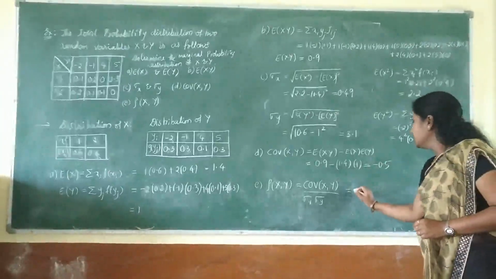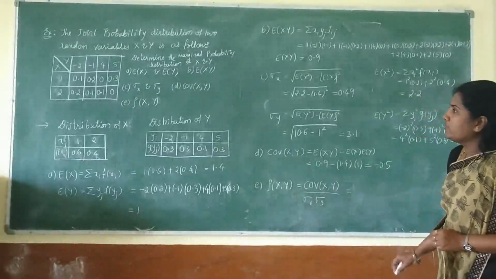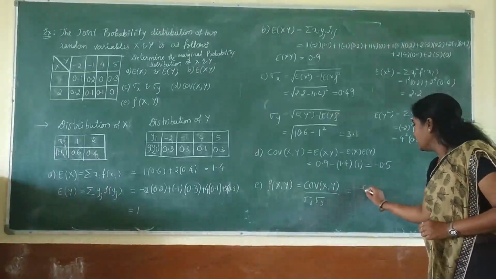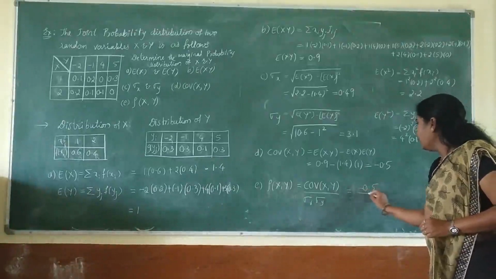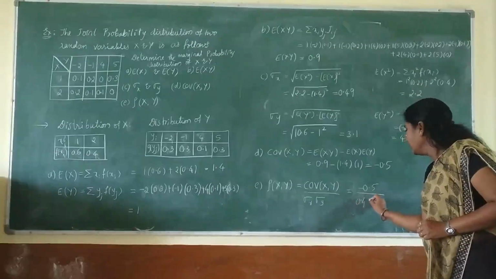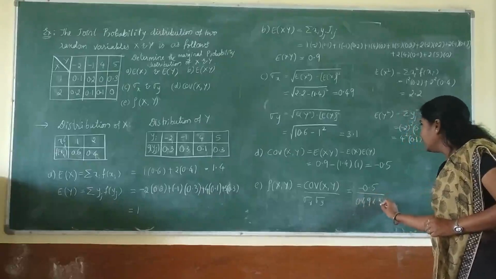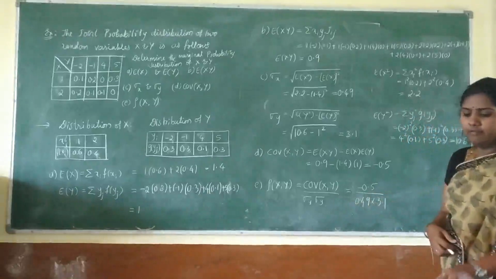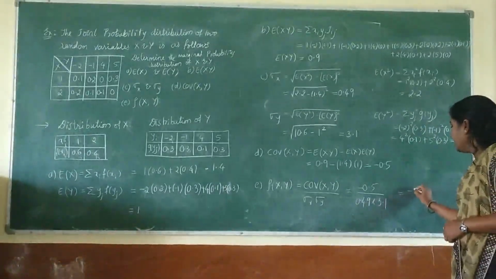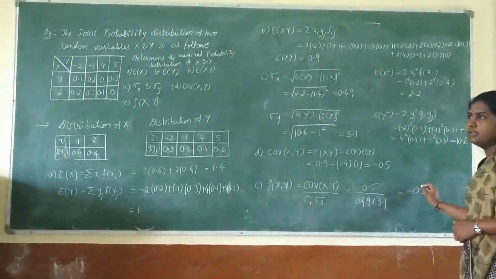Next, correlation of xy is the covariance of xy, that is -0.5, upon sigma x, which is 0.49, into sigma y, which is 3.1. After simplifying, we get -0.3.